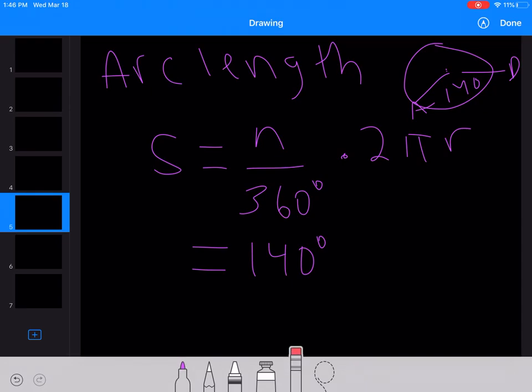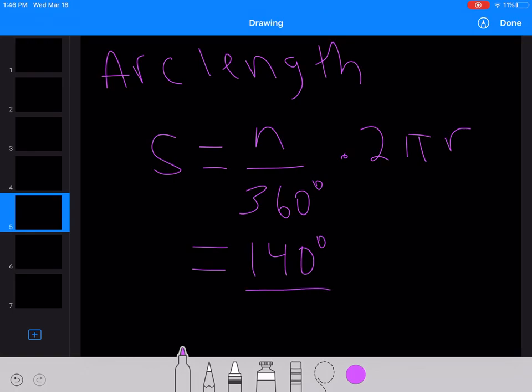Okay, so that's where we got the 140 from. So 360 on the bottom. The radius was given to us, and we know what pi is. Pi is just 3.14, but we can keep it in terms of pi, and r was 4. So we just have to simplify this a little bit.